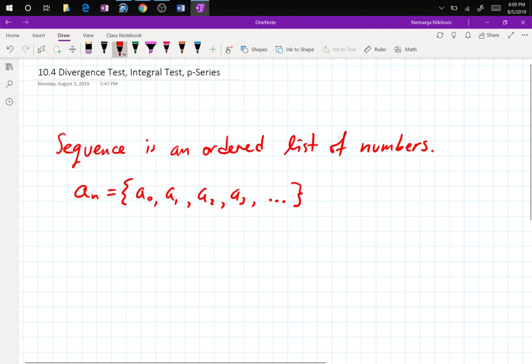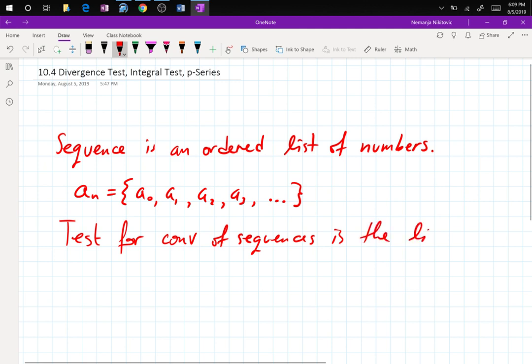And the only test for convergence of sequences is the limit test.